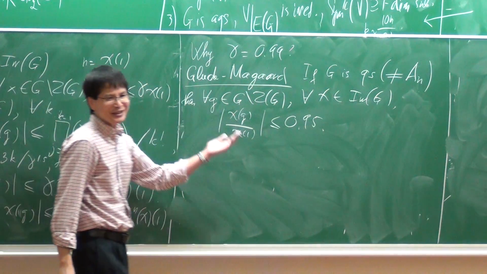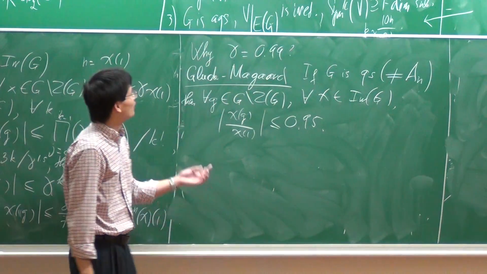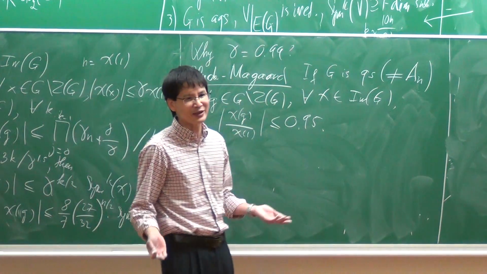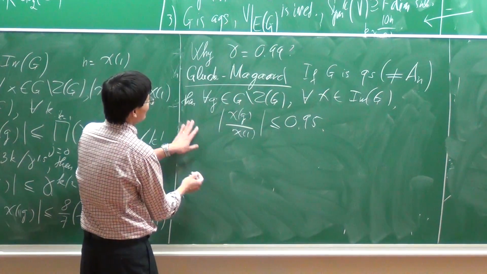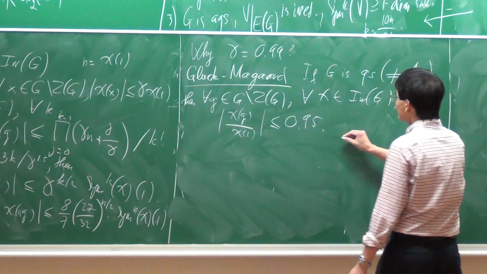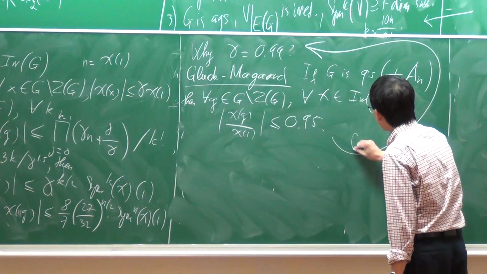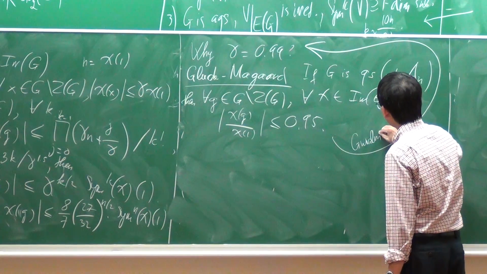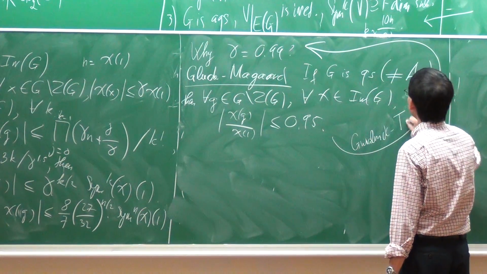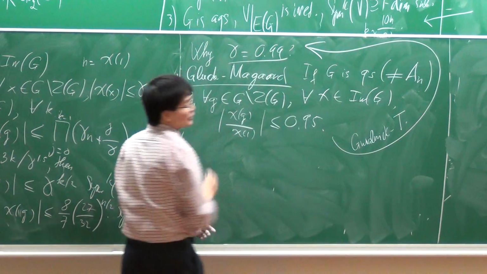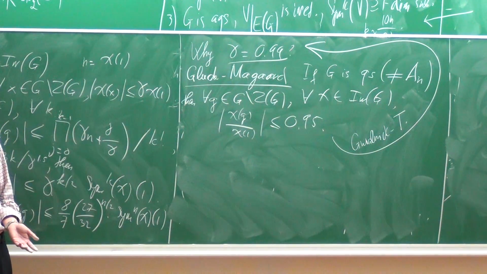This 0.99 is bigger, and this is because I want to know this only for quasisimple, not just simple. So if you take this result and use a lemma, we did 0.99 for only quasisimple.